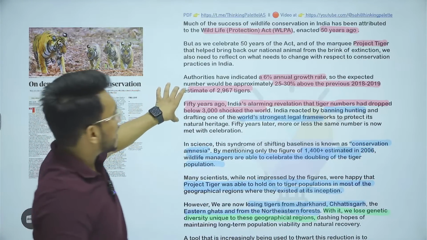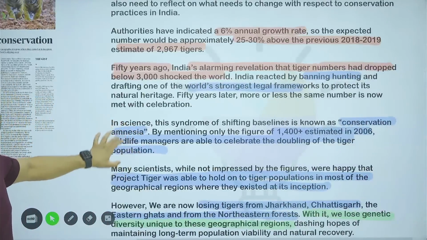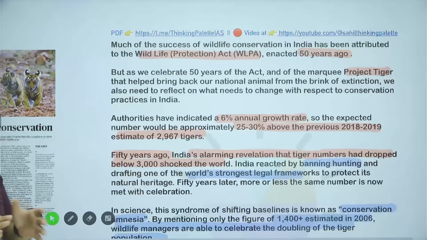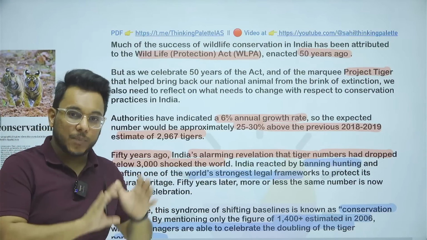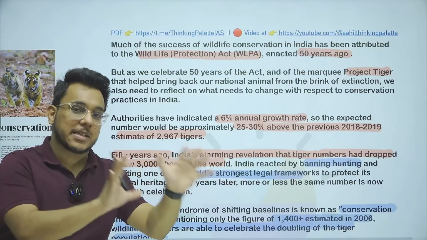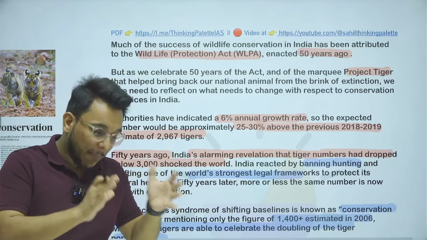Now let's start this particular article. One thing I want to tell you: the government has recently announced that the preliminary data of the tiger census has come out, and they are saying that there is an improvement in the number of tigers.